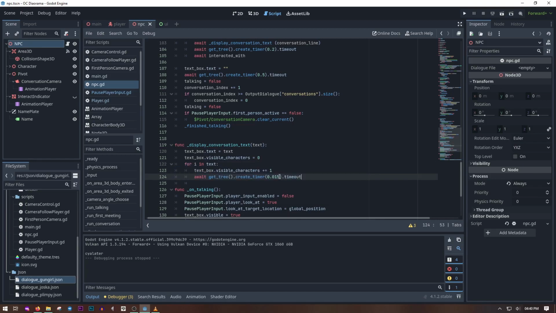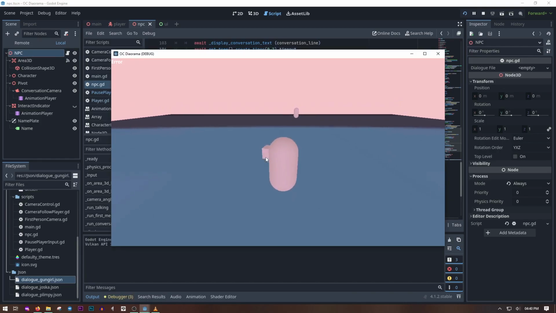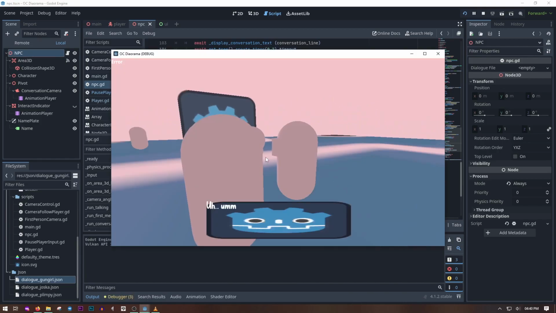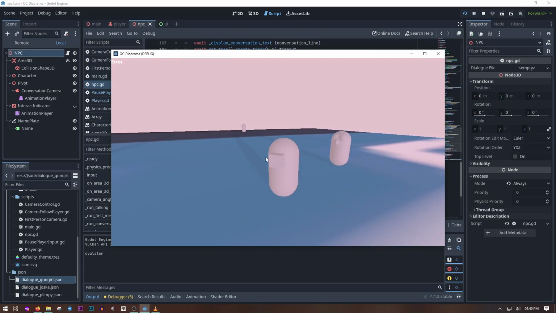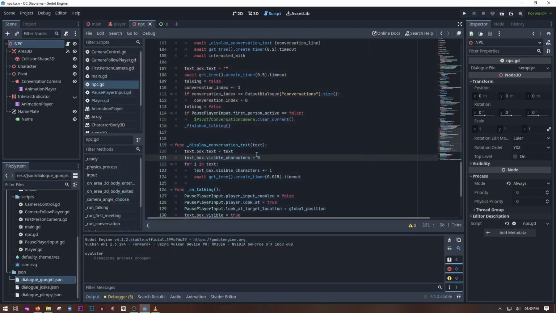Basically it's saying on this amount of timeout, we add a new letter to being visible, which means that the letters appear one after the other. It appears very quickly because it's 0.015, but I like it. It's nice and speedy without being an instant flash of all the text at once.